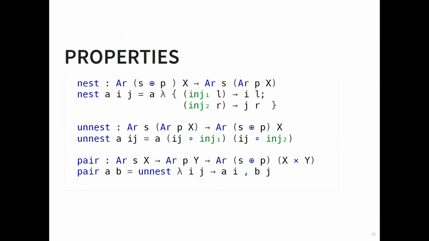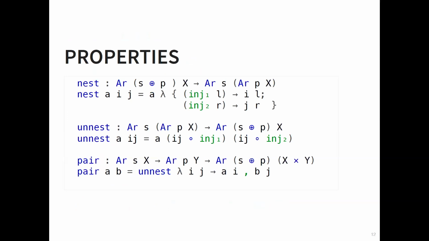Then it turns out that we can define a bunch of combinators and observe a bunch of properties. For example, we have this very convenient and very useful nest-unnest pair of combinators that demonstrate a kind of monoidal structure.